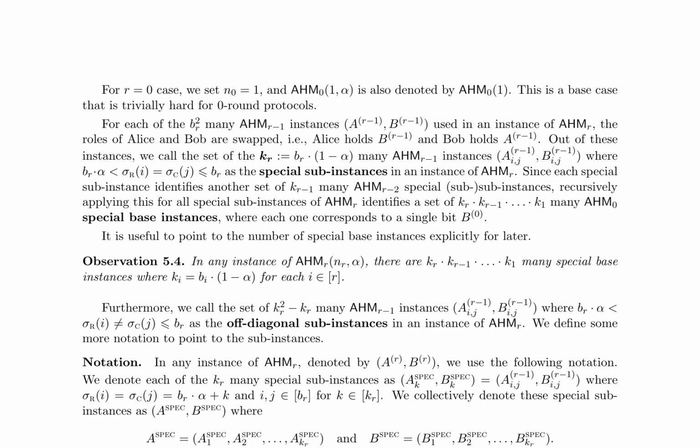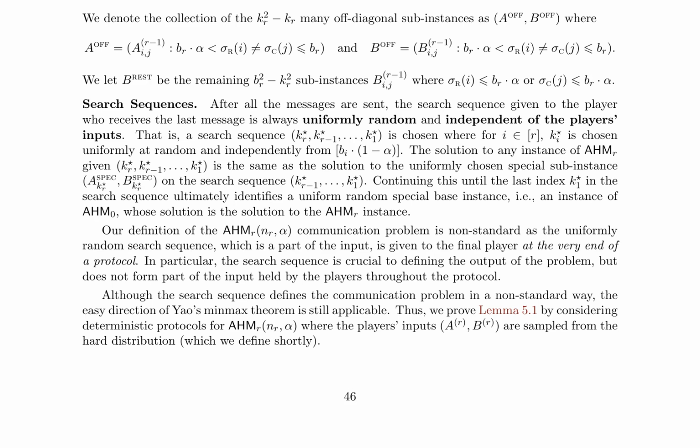A search sequence is a sequence of indices $k_r, k_{r-1}, \dots, k_1$, chosen uniformly at random and independently from $[b_r]$, $[c \cdot 1/\alpha]$. The solution to an instance of AHM$_r$ given a search sequence is equivalent to the solution to a uniformly chosen special subinstance on the search sequence.